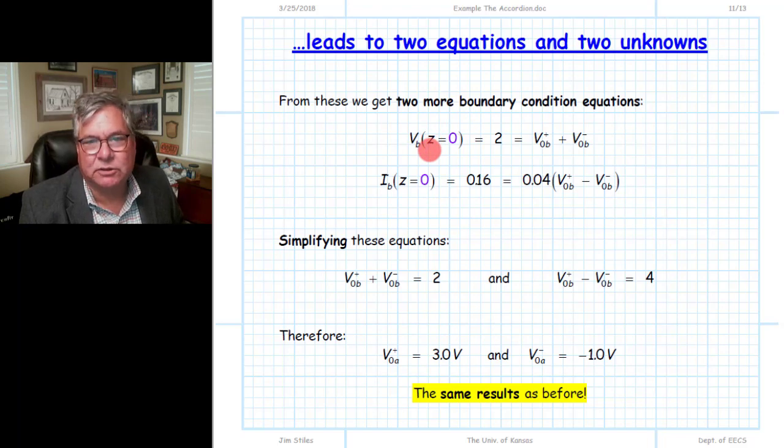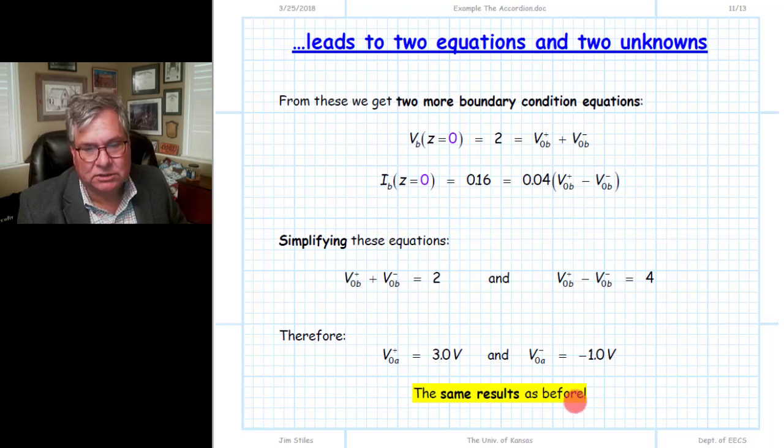So if we take the general telegrapher solution for that second transmission line and evaluate z equal to 0, we get this result, of course, V0 plus V0 minus, and this is for the transmission line B. For the total current at z equal to 0, we get this result, and we know that the voltage result must be equal to 2 volts by KVL, and the current result must be equal to 0.16 amps by KCL. 2 equations, 2 unknowns, and we can combine them with simple algebra to determine the unknown wave amplitudes for that second transmission line B, and that should be a B there, not an A. The values are 3 and minus 1.